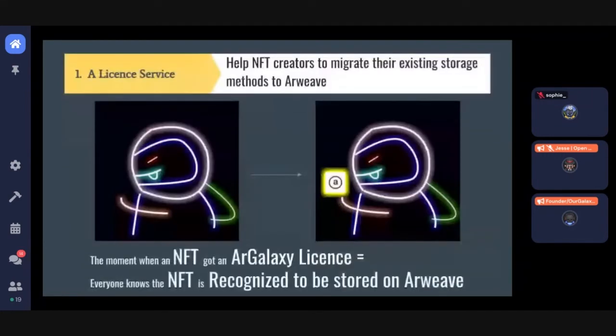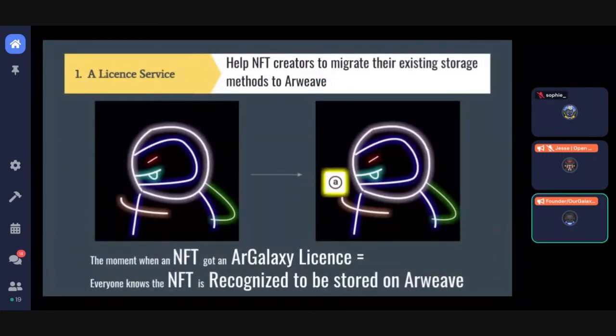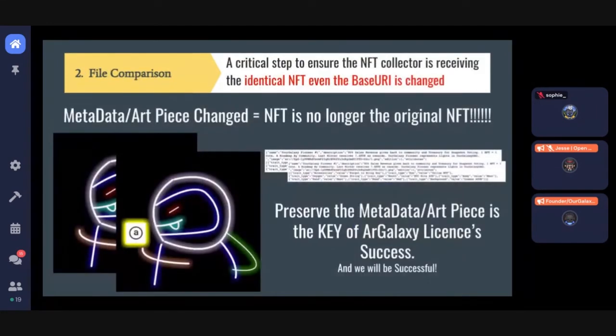So we try to create a license service. Imagine that whenever people navigate an NFT and see our AR Galaxy license, they will know that this NFT is recognized to be stored on Arweave. The second step we are trying to do, which is very critical, is a file comparison.